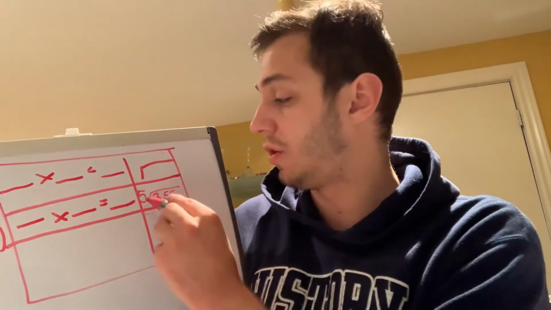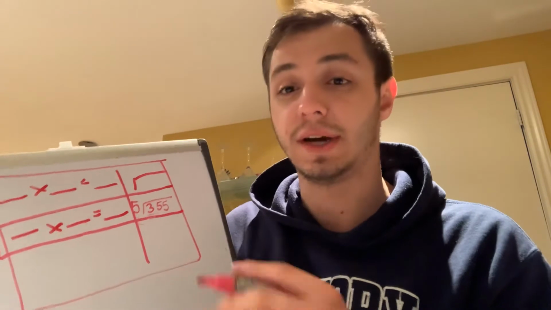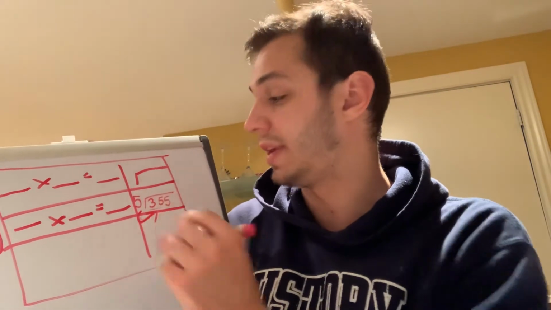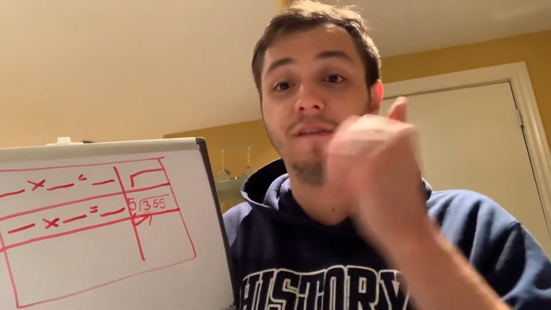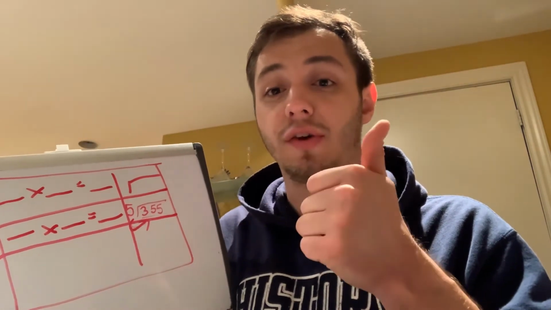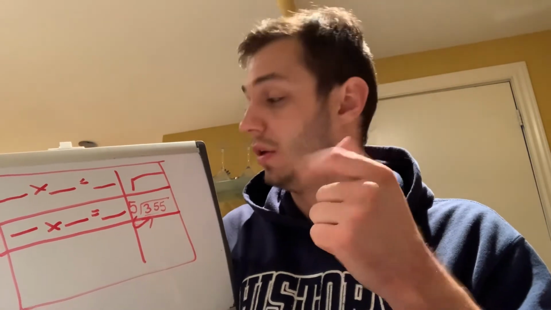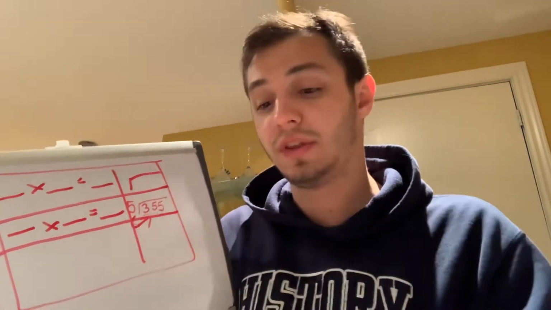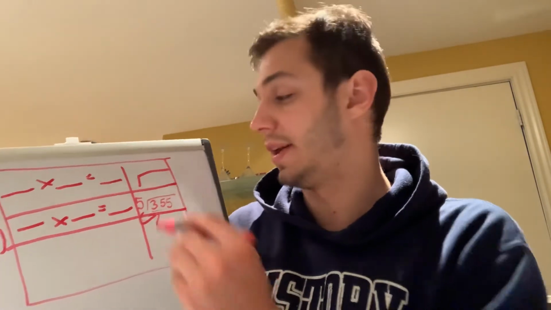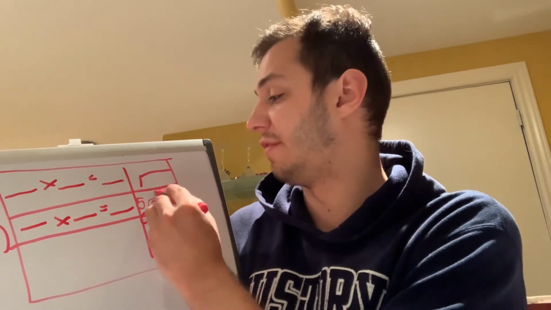So 5 can go into 35 how many times? So you can use your multiplication chart to help you, or we can skip count by 5s. 5, 10, 15, 20, 25, 30, 35, right? So 5 divides into 35 7 times. So I'm going to write a 7 right above that 5.